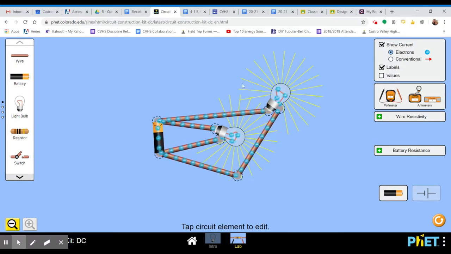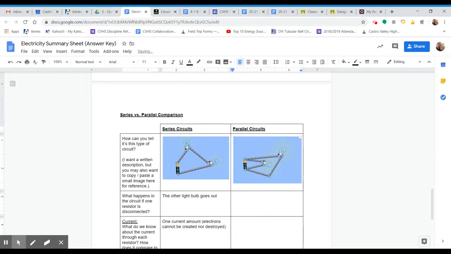So basically we have two loops that are both connected to both sides of the battery. So basically the light bulbs look brighter now. So we have multiple loops in a parallel circuit. So if we take one out, the other light bulb will still stay lit.